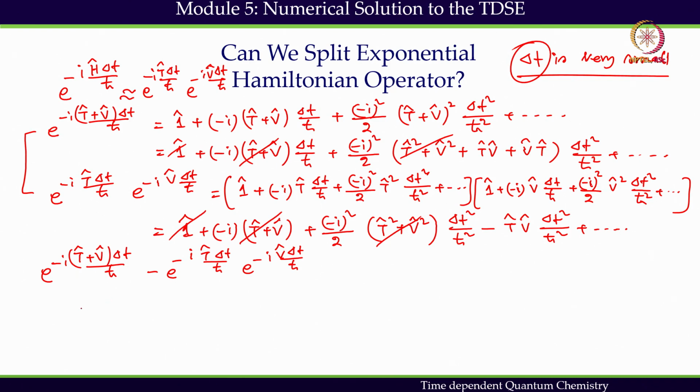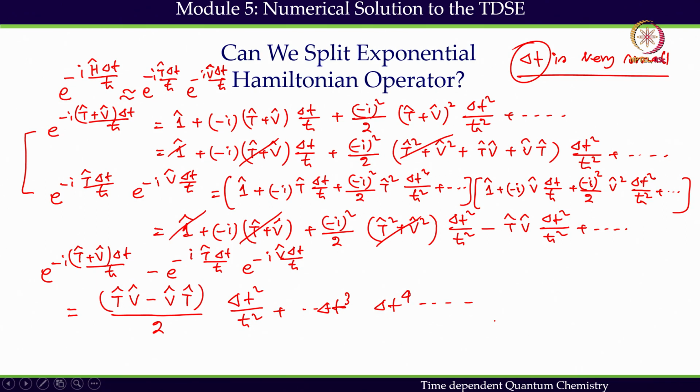One can show it very easily, with a little bit of simple algebra, that it is minus half (t v minus v t) by 2 multiplied by delta t square by h cut square plus other terms. But remember, other terms will have delta t cube, delta t fourth terms, all these terms. Because delta t is already very small, we can neglect all other higher terms, and we can say that the error is going to be proportional to delta t square.